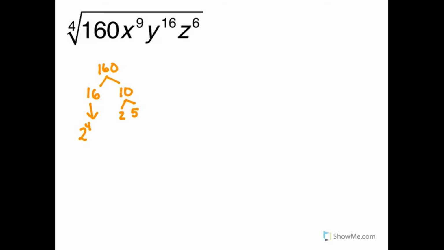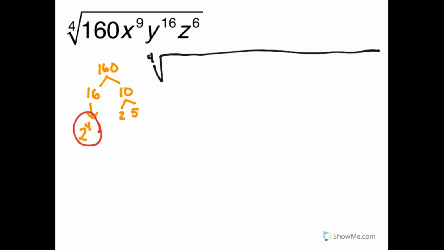So the factor that has a 4th power here is 2. So I'll rewrite 160 as 2 to the 4th times 10. And I have a 4th power that will cancel with the 4th root.